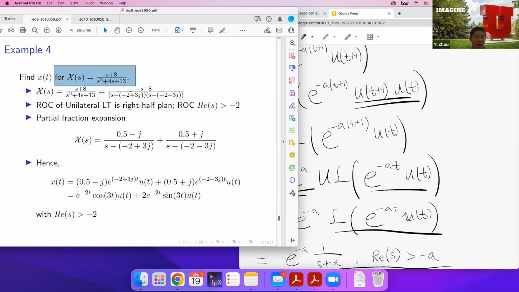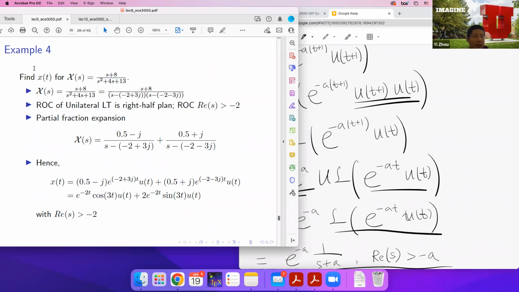Now you may wonder, here we don't have a region of convergence, right? If we want to solve the inverse in the previous normal Laplace transform, we always need to identify the region of convergence. And here, this is really the power of the unilateral transform. Once we are given the unilateral transform, the region of convergence is implicitly given, so you don't have to know the ROC explicitly.